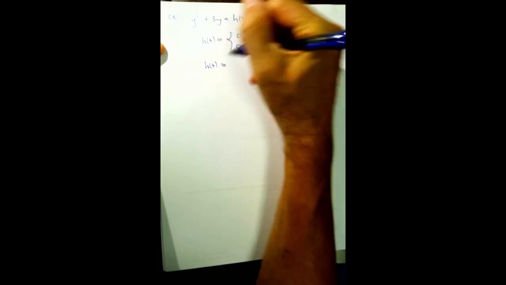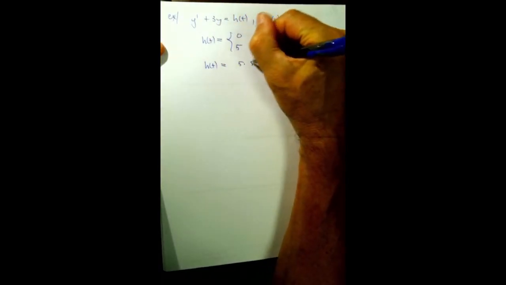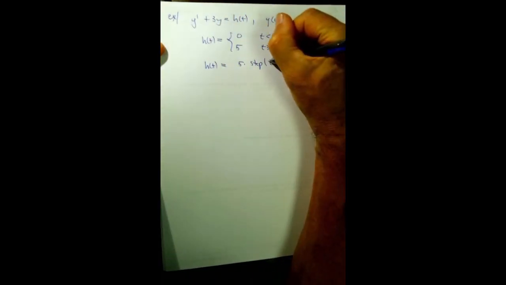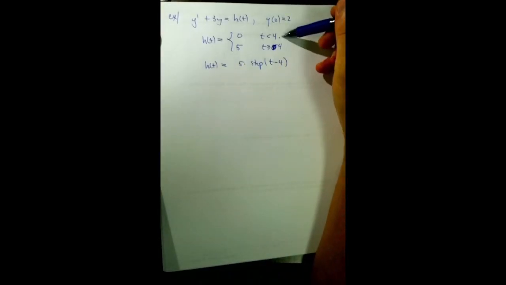All right, so that means I'm going to have to write my h of t as a unit step function. So it's going to be 5 times the step function u sub 4, evaluated at t minus 4. So the idea is that this function is off until t reaches 4, and at t equals 4, it goes to an on state and is equal to 5.